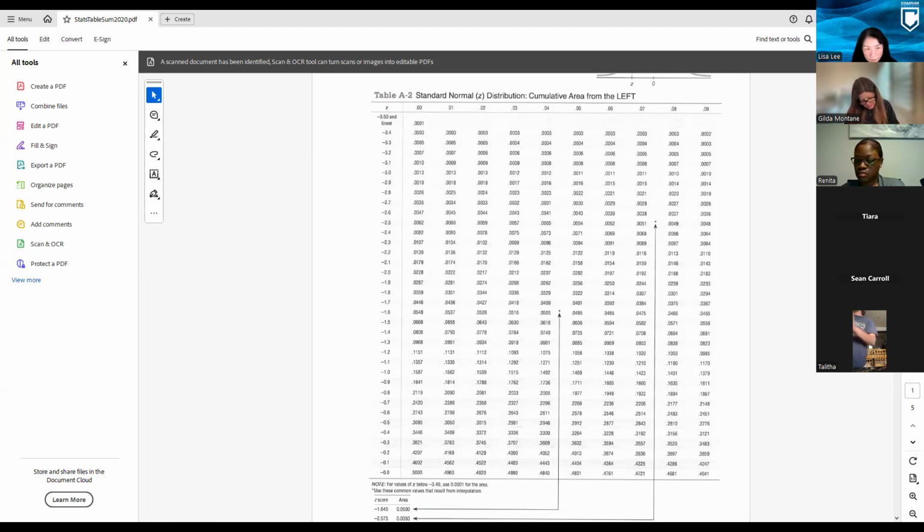Now let's go back to the whiteboard. On the whiteboard, I'm going to show you how you use the TI-83, 84 to get this 2.575. But when we use the calculator, I think it will give you 2.576. Let me go to this one, easier to type.